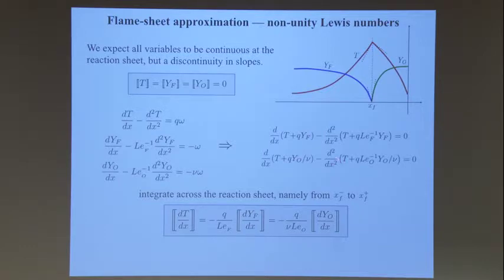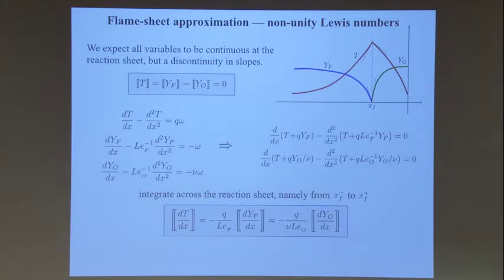This is obtained simply by integrating this equation across the reaction sheet, in other words from xf minus to xf plus, and the relation is as written here, okay? It also comes from these coupling functions when you keep the Lewis number in, but when you integrate once, this term doesn't contribute anything because of the continuity.